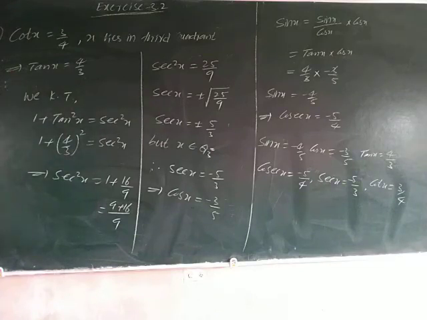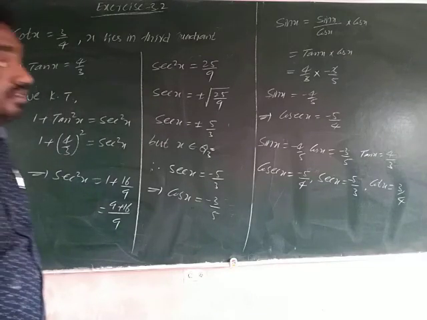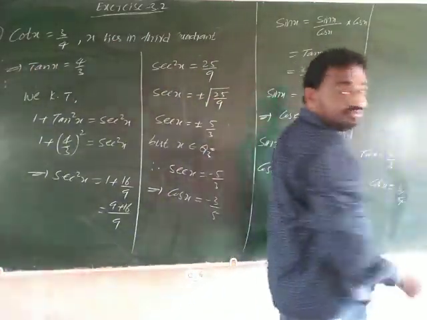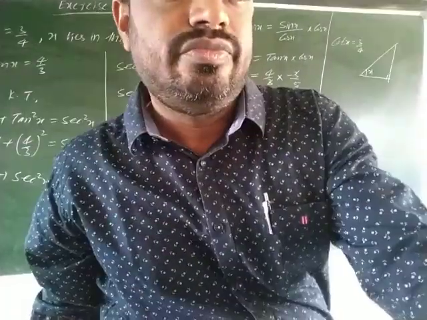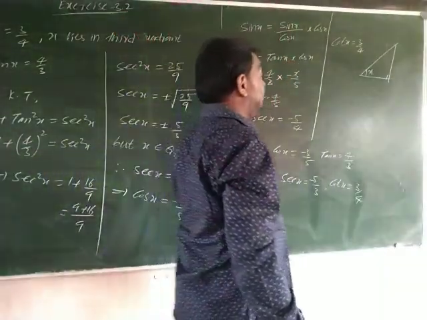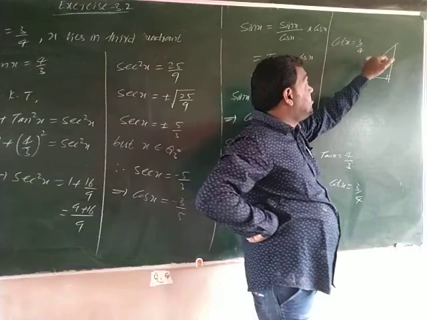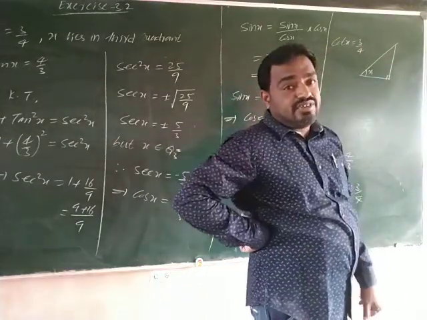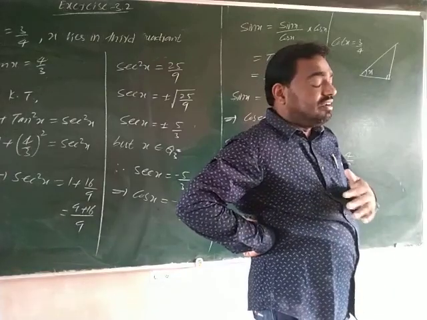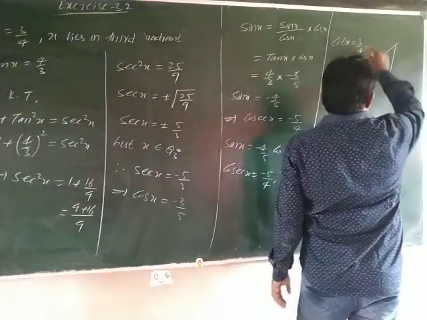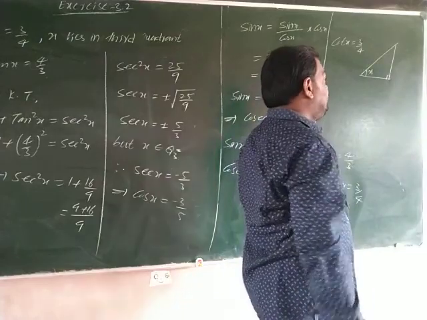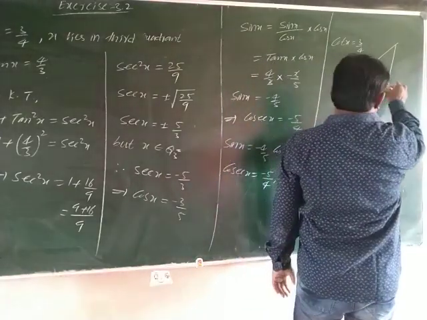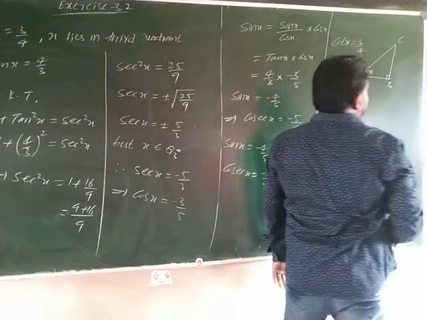Now you see, some people may think, sir, I will write the remaining trigonometric functions from the right angle triangle, since cot x is equal to 3 by 4. For example, x is the angle, 90 degrees here, ABC is the triangle.